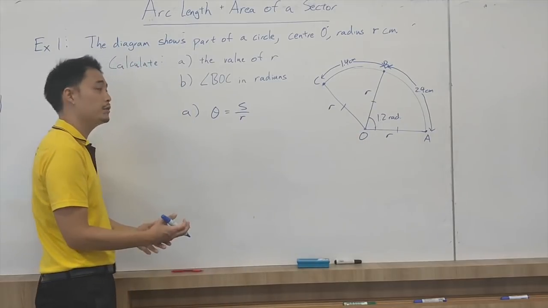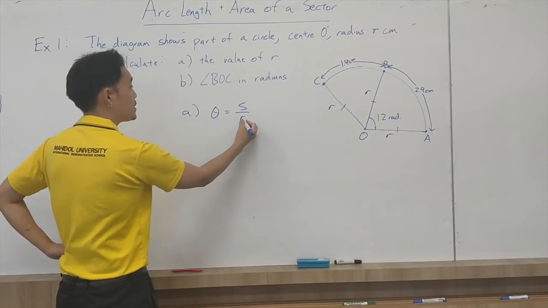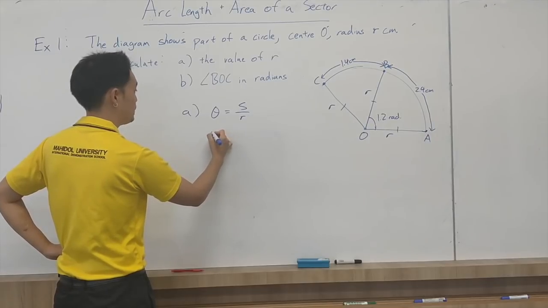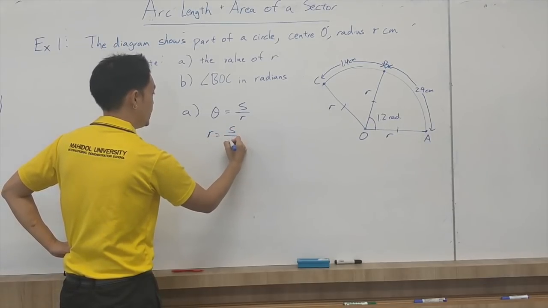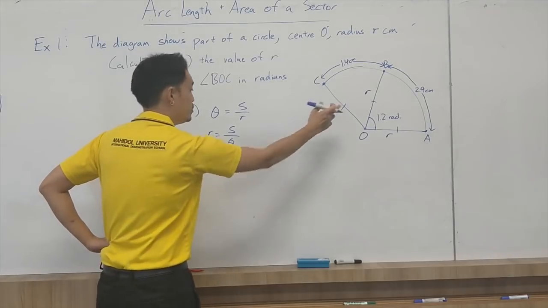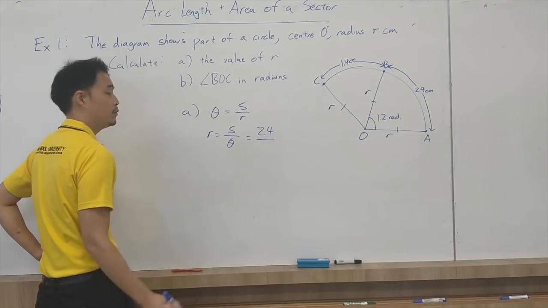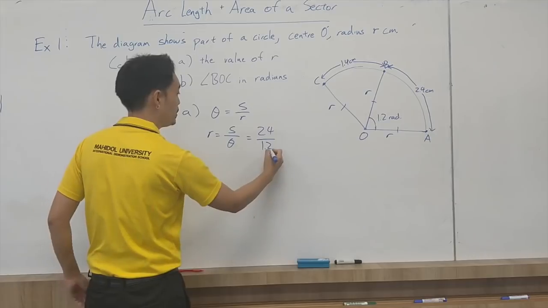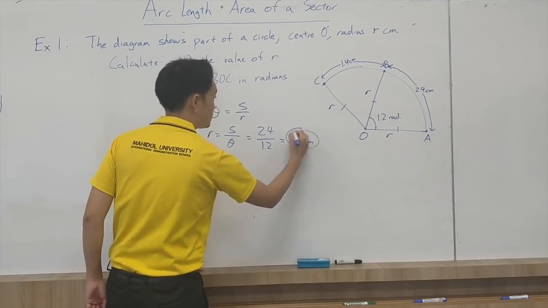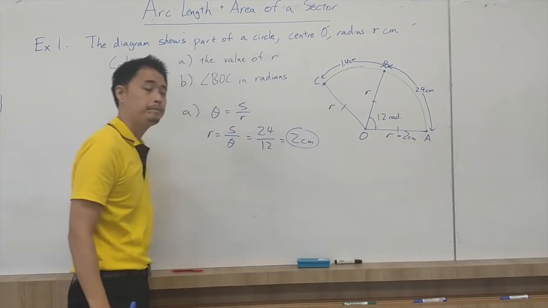So I can put those two together to solve for the last missing piece, which is r. Let's isolate the r. We'll move the r over here and the theta to the other side, and we end up with r equals s over theta. Then let's plug in 2.4 for the arc length and 1.2 for the angle in radians. In this case, r is 2 centimeters.